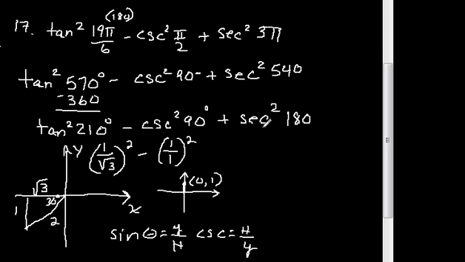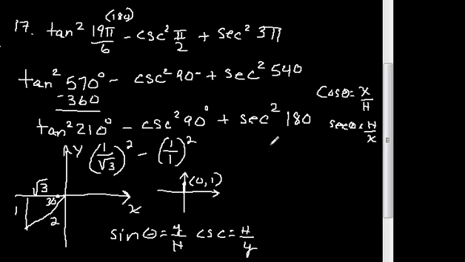For secant, it's the opposite of sine, so sine of theta is y, oops, this is cosine. Cosine of theta is x over hypotenuse. And if I did the secant, it's going to be hypotenuse over x.